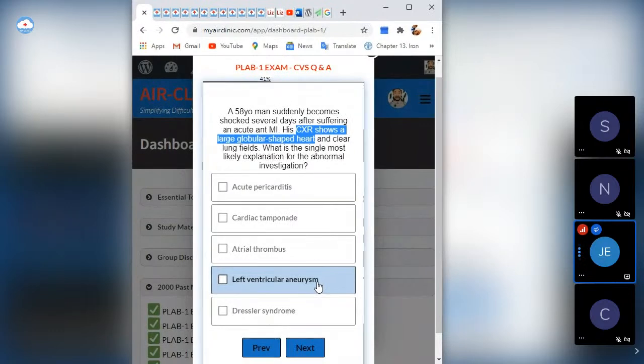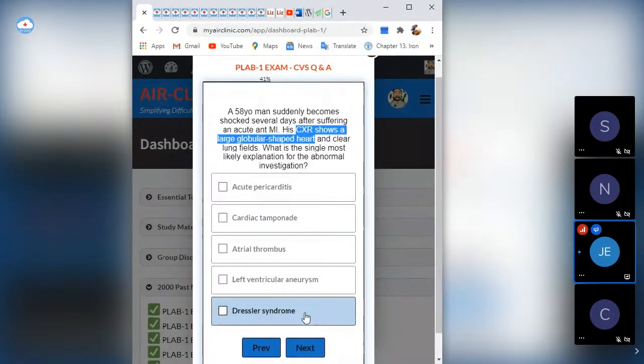Let me go with what I think. The X-ray shows a large globular-shaped heart. Will acute pericarditis cause a large globular-shaped heart? I doubt. It will not show like that on chest X-ray. Will Dressler syndrome appear as a large globular heart?